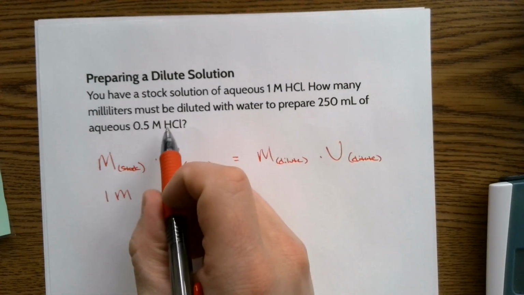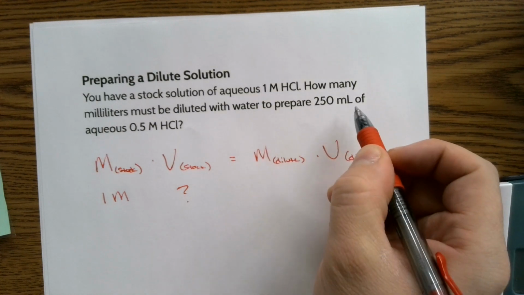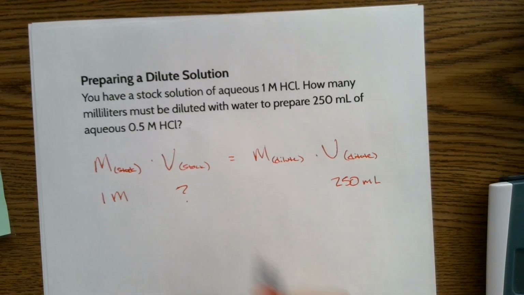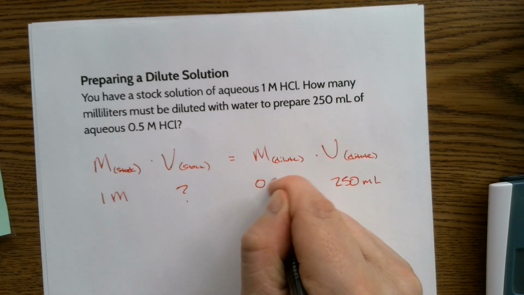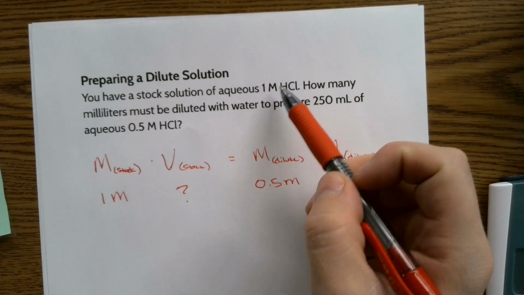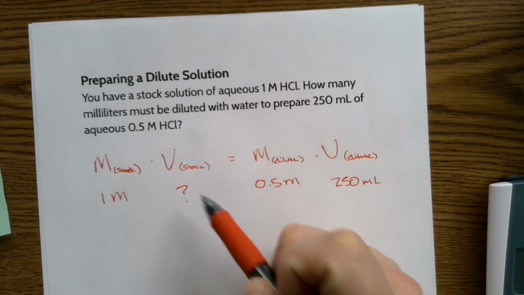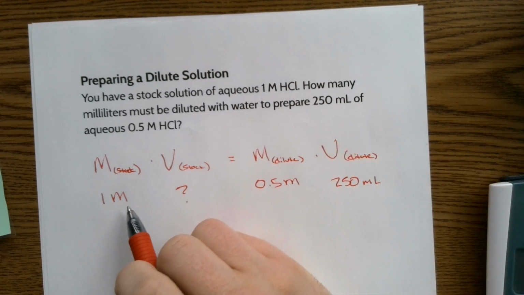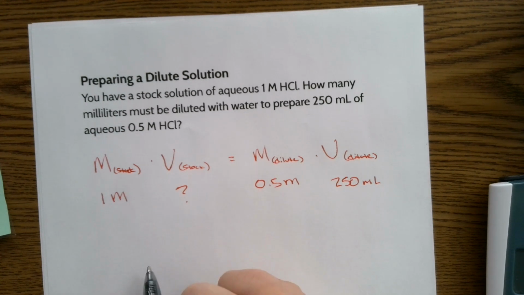It says how many milliliters must be diluted with water to prepare 250 milliliters of aqueous HCl at a dilute concentration of 0.5 M. We can easily figure this out by looking at them. 1 is greater than 0.5, so the stock solution has to be 1. You can't be diluting something to a lower strength than it is. It has to come from a place of higher concentration, so this one's always going to be on the stock side.